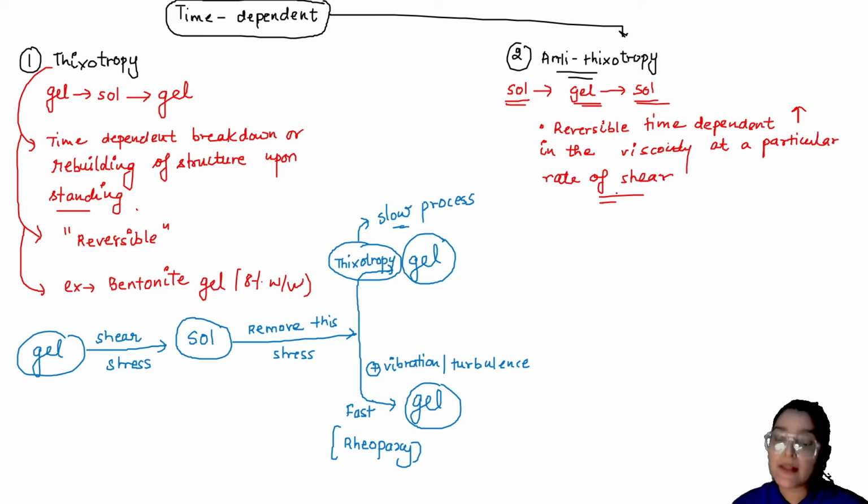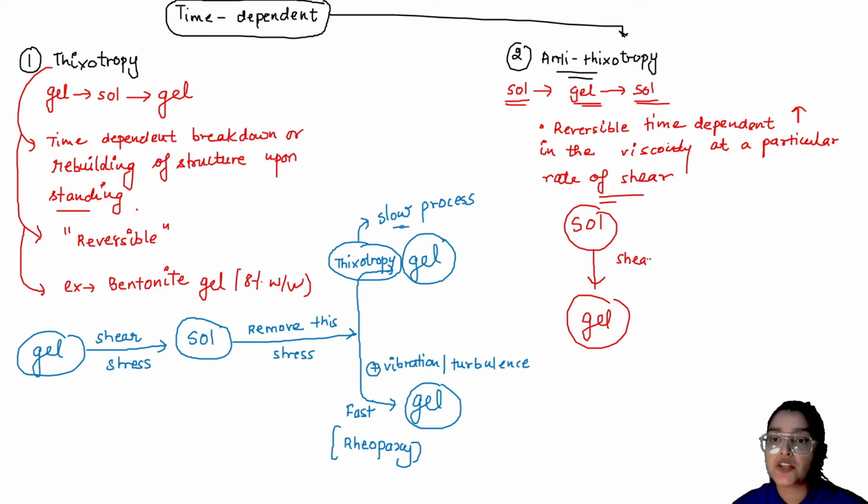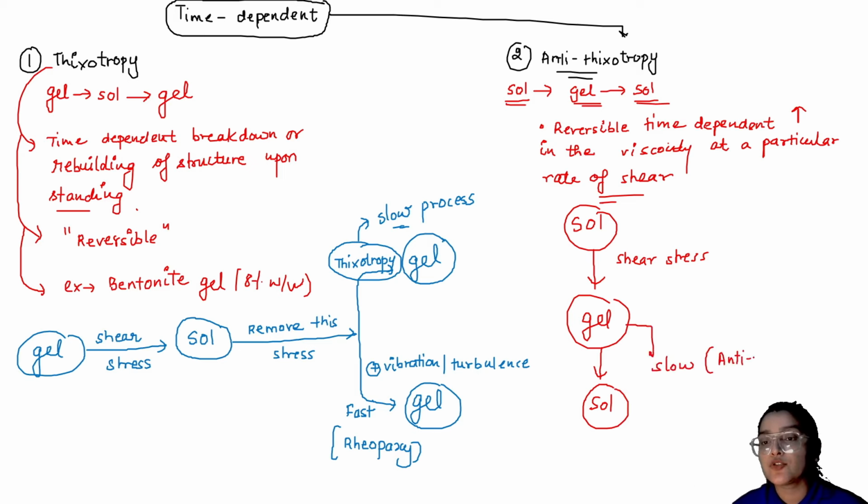Now let's understand this. The sol state here is converted into the gel state by the application of shear stress, just like in the previous one, but this gel state is converted yet again into the sol state. If this is a slow process, this is termed as anti-thixotropy.